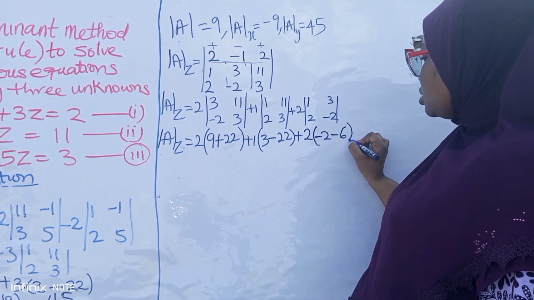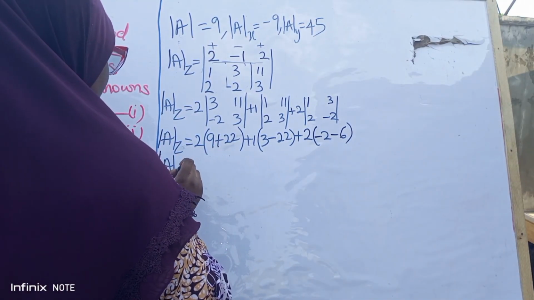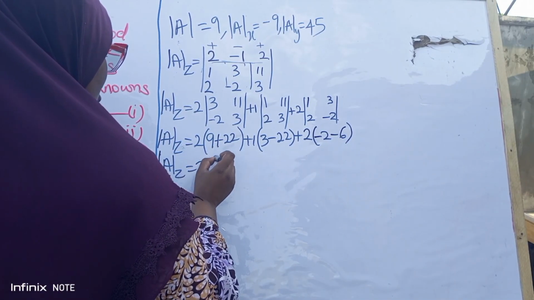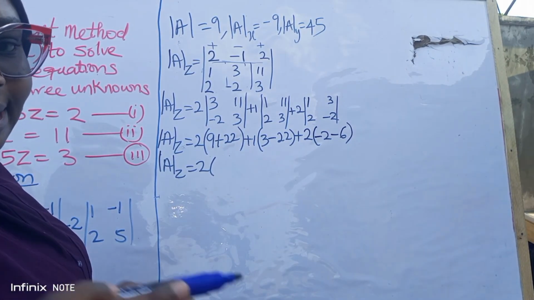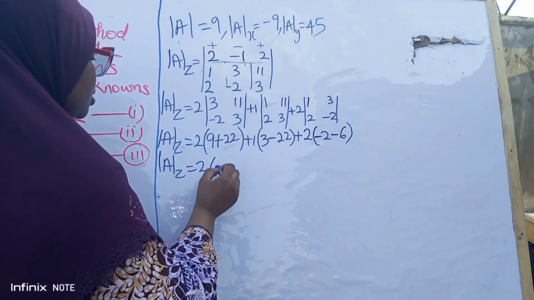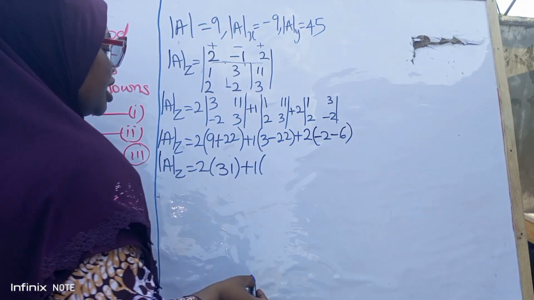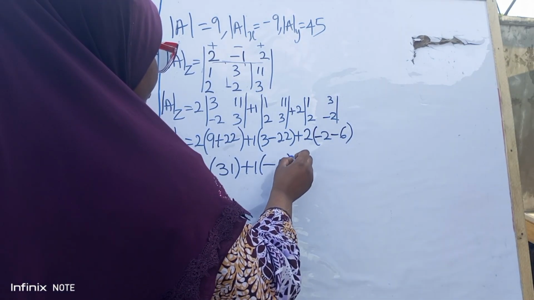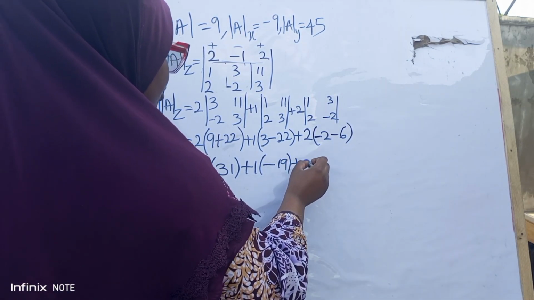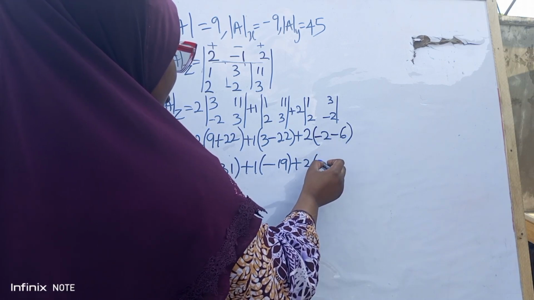So minus 6. So I have determinant of A subscript Z is equal to 2 multiplied by 9 plus 22. That is 31. So plus 1. 3 minus 22 is what? Minus 19. So I have plus 2. Minus 2 minus 6. That is minus 8.